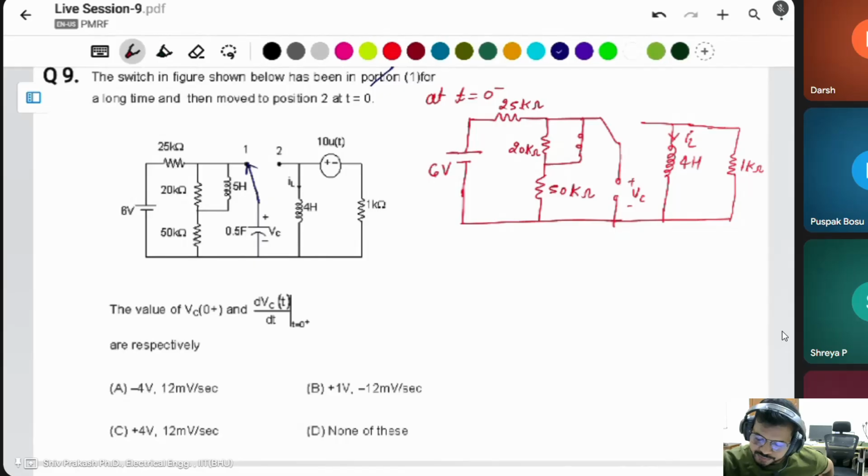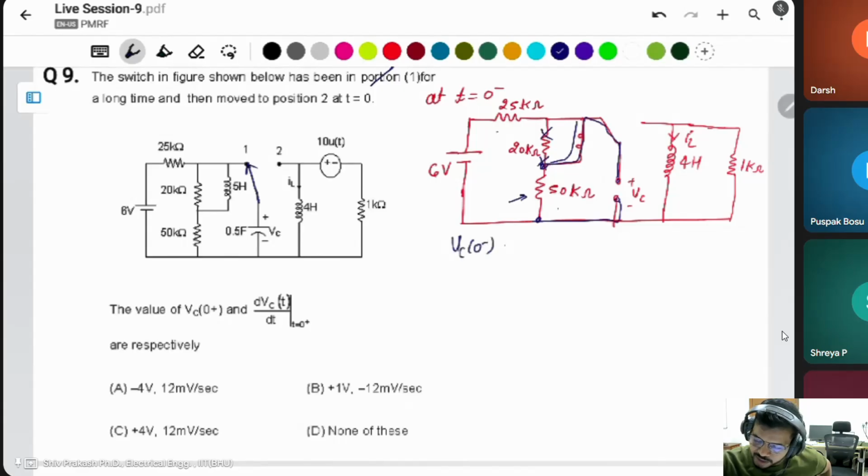What is the Vc? This is short circuited, which means there is no meaning of this resistor because the current is flowing through the short. Then 25 kilo ohm and 50 kilo ohm are connected in series, and this capacitor is simply connected across this resistor. Then the voltage across this resistor is the same as Vc 0.